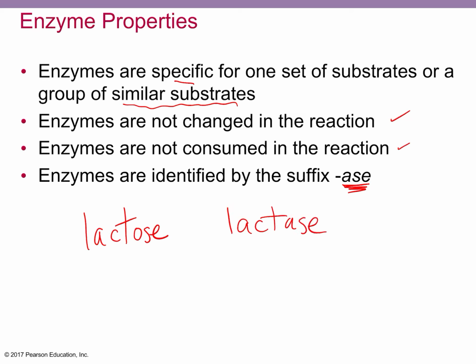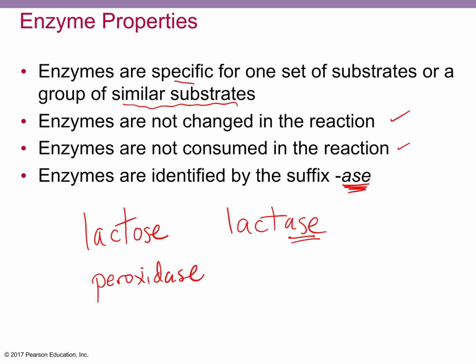So look how similar those words are. You know it's an enzyme because it ends in ase, but it's named after the substrate that it works on. Another good example is peroxidase, which catalyzes hydrogen peroxide. I was trying to think of another one. I can't right now, but anyways, you get the idea.